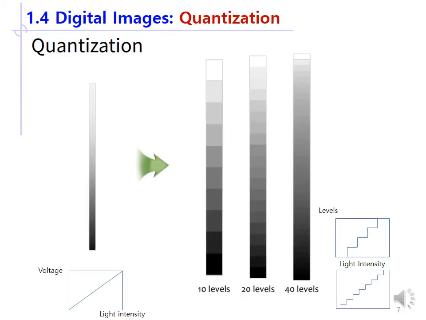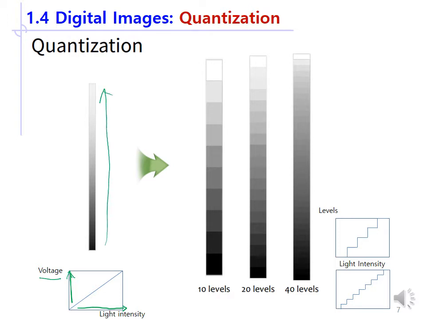The photosensor in the CCD chip can produce an electrical signal that is proportional to the intensity of the light. Here is the intensity of light, which is an analog signal, and the CCD chip photosensor can produce a voltage that is proportional to the light intensity, and this voltage is also an analog signal.